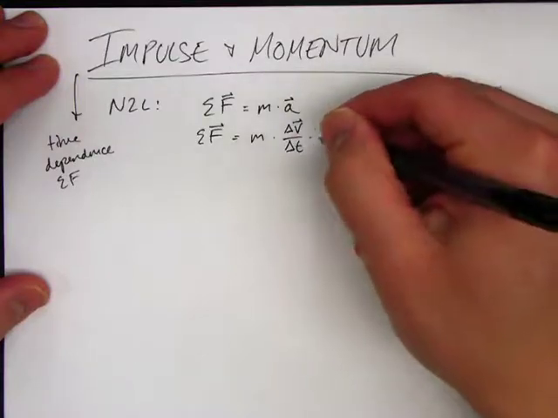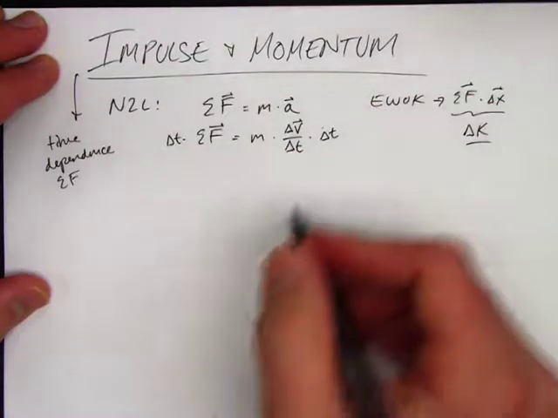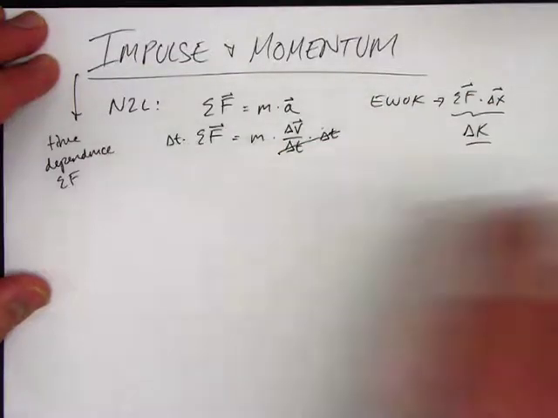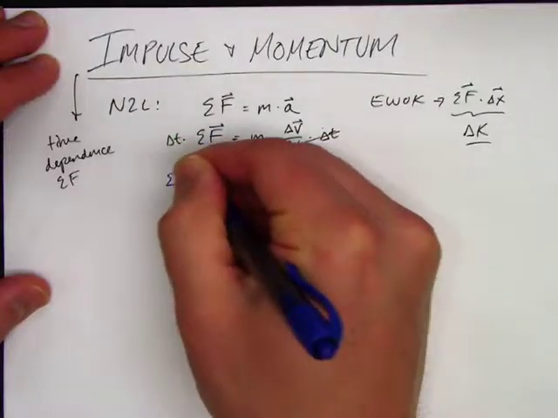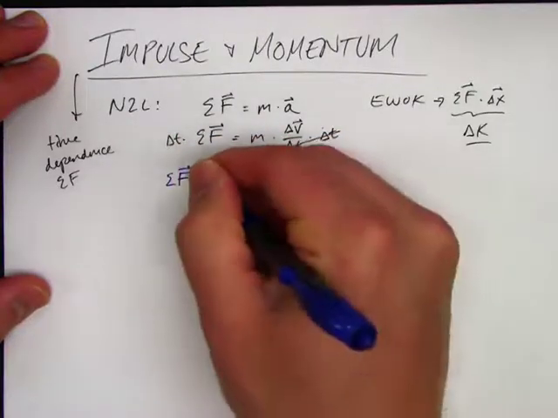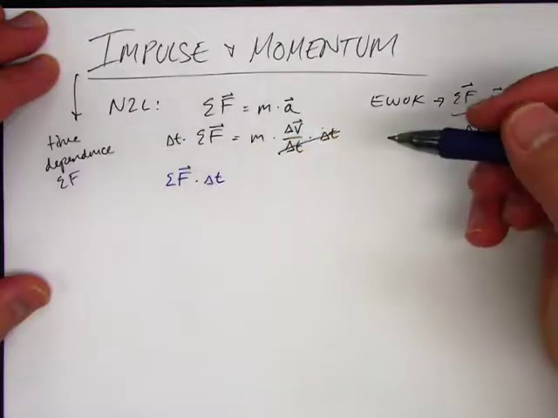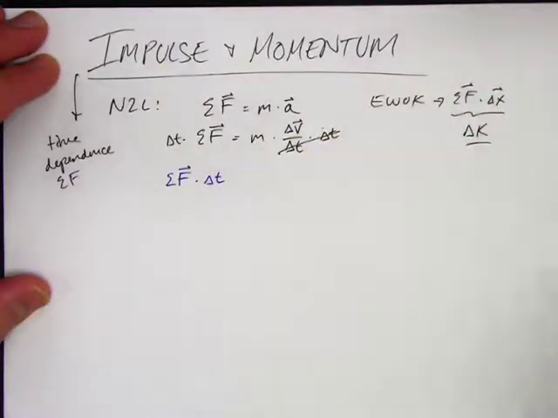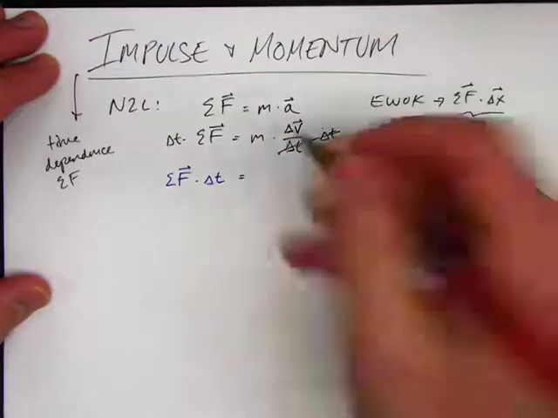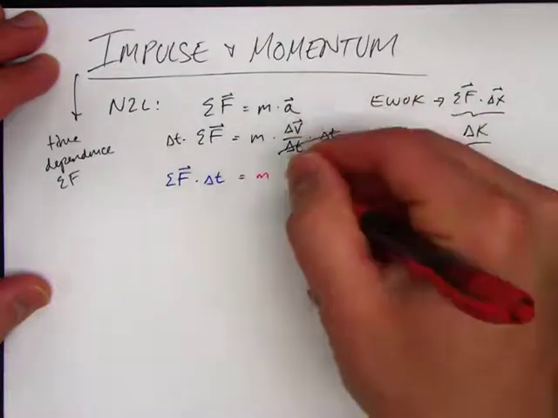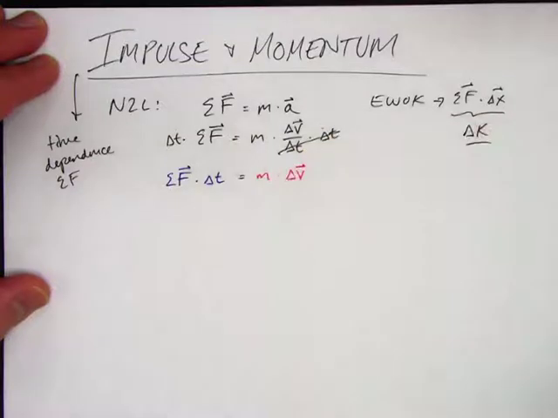Now, if we multiply both sides by delta t, we see a net force, a vector quantity, multiplied by the amount of time over which that net force is exerted, is equal to the mass of the object times the object's change in velocity.